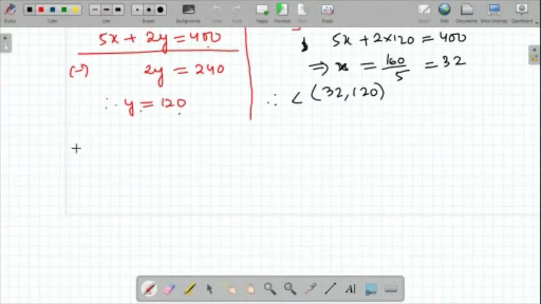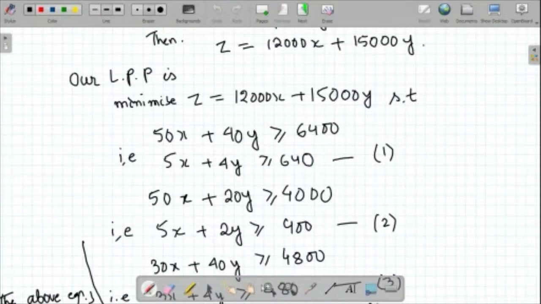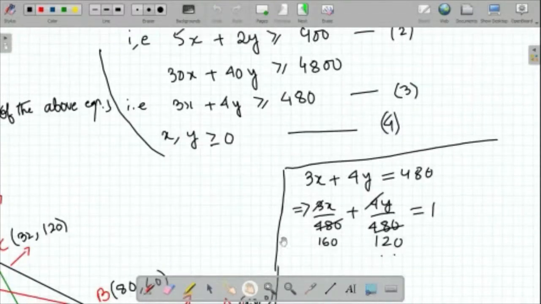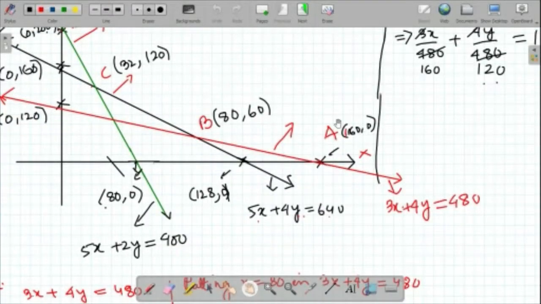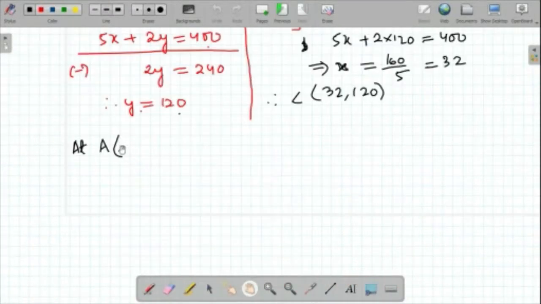Now write down, at A. What is A? A is 160 comma 0. At A, 160 comma 0. What is Z?